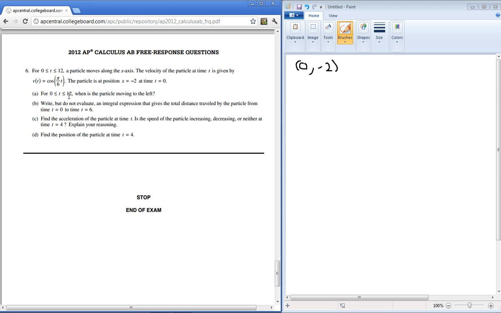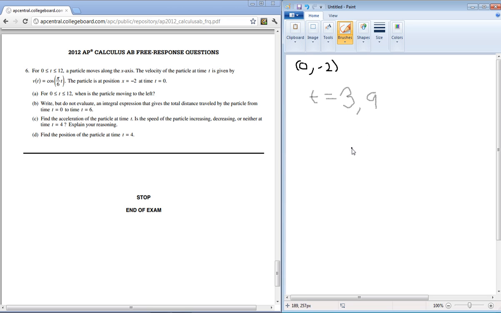So what gives us pi over 2 in here? Well, that's t equals 3. We put 3 pi over 6, same thing as pi over 2, and 9. 9 pi over 6 is 3 pi over 2. So we have our t values over here.